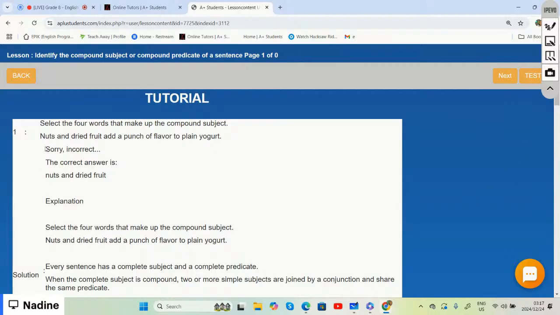All right, so now we're going to do a few activities and then we're going to our test. It says we need to select the four words that make up the compound subject.